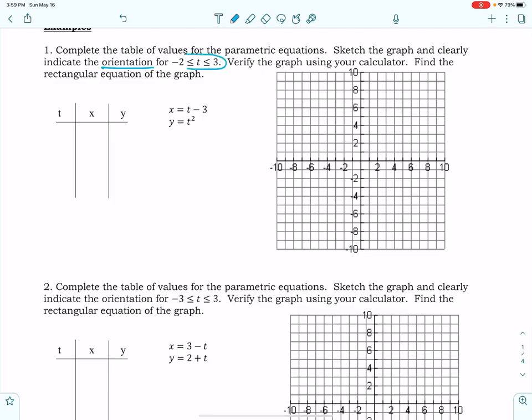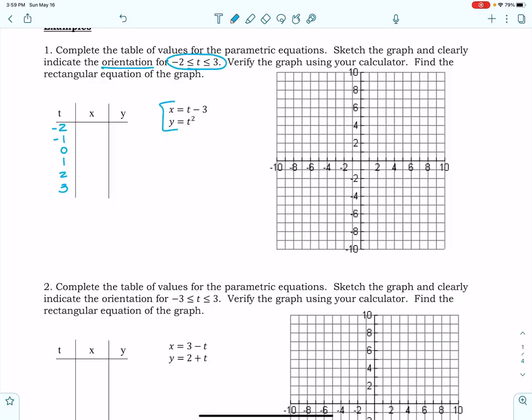So we are going to fill out the table for time, or t, I should say, between -2 and 3. So -2, -1, 0, 1, 2, and 3. And then we are going to use our parametric equations here to find these values for x and y. So we're just using some substitution.